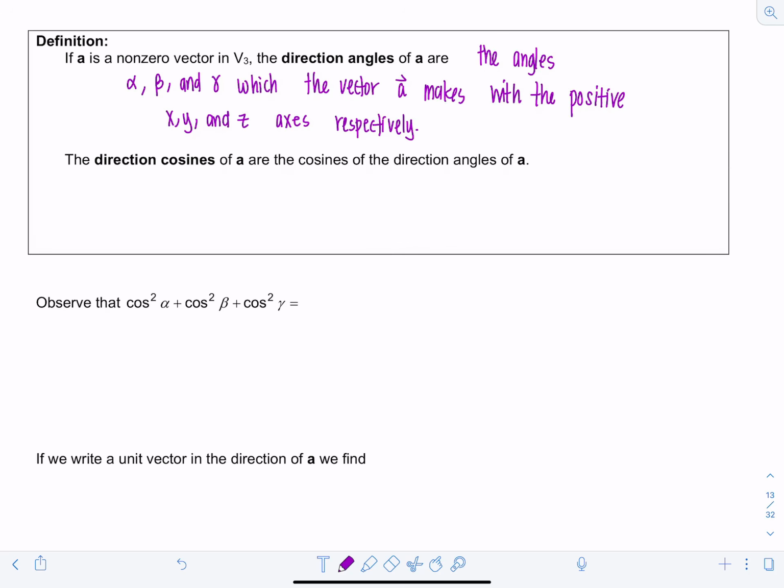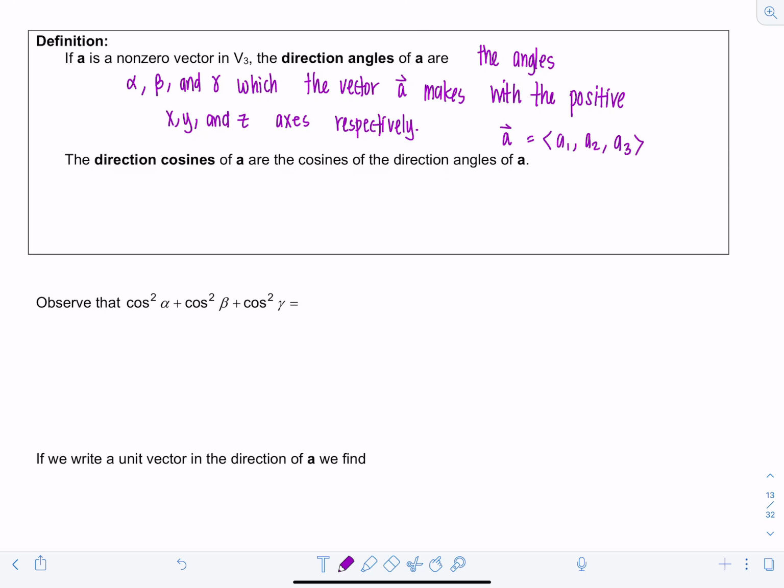Okay, so vector A, say it has components A1, A2, A3. Okay, and if you wanted to figure out what the angle was that vector made with the positive x, y, and z axis, then you would be finding those direction angles, alpha, beta, and gamma.